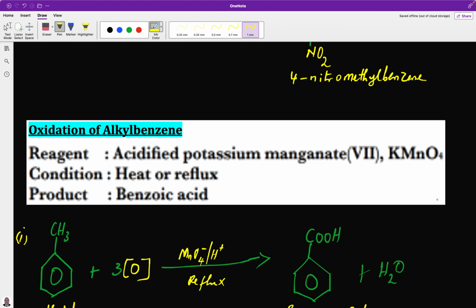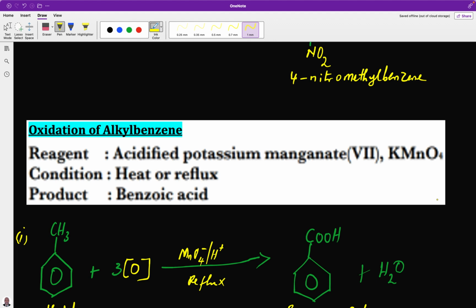This is a strong oxidizing agent. For the purpose of revision, remember that acidified potassium manganate as an oxidizing agent helps to provide oxygen.